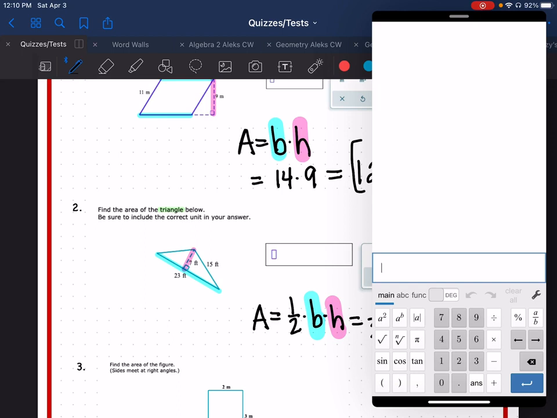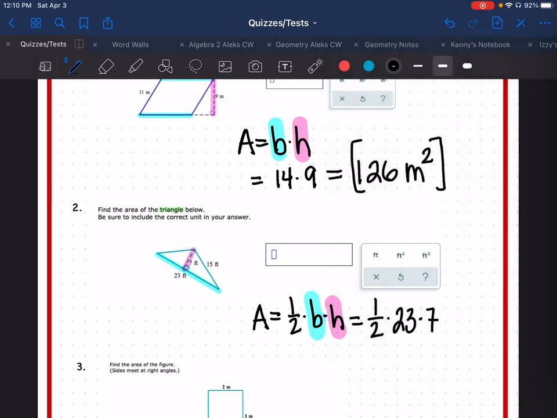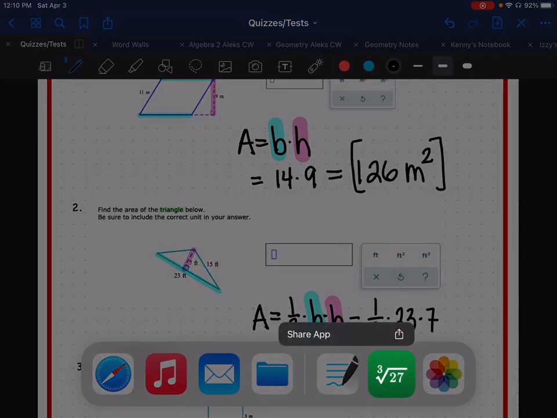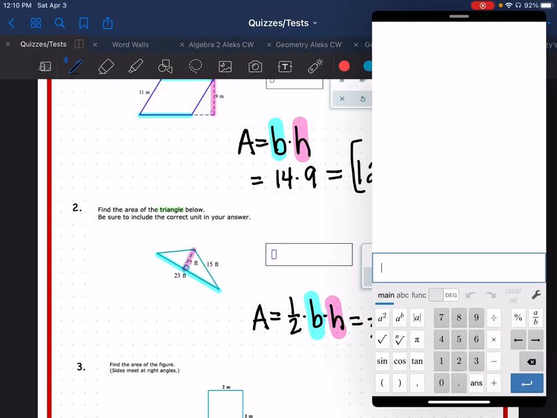Hold on, let me see if I can get that better. No. Anyways, 1/2 times 23 times 7. And it's going to go ahead and give it to me as a decimal.